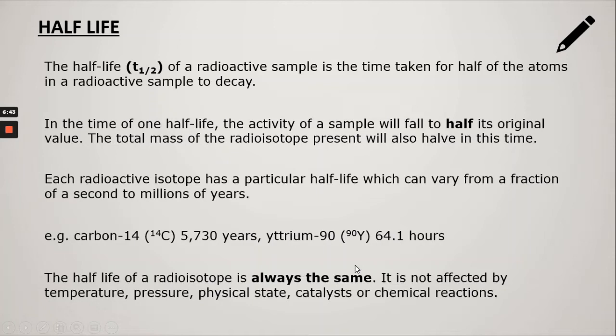It's just to do with the probability of any one nucleus decaying, and that leads to a consistent amount of time for half of the nuclei in a sample to decay.